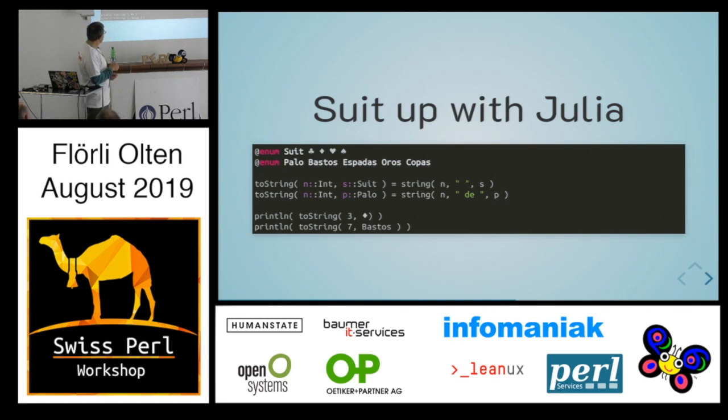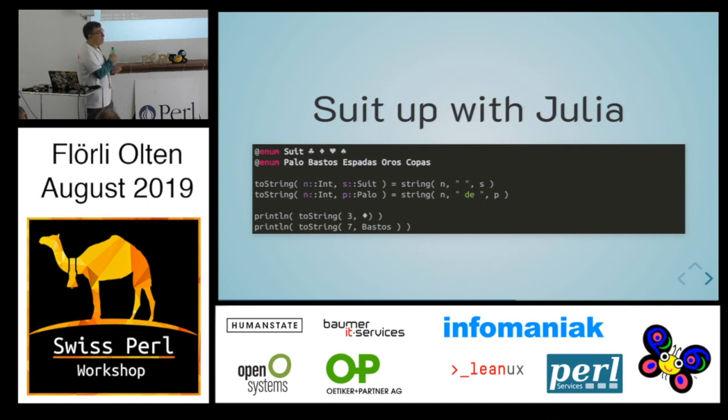And so what this basically does is define two different kinds of enums. One of them is for the suits of the French cards, the ones they use in America, and these are the Spanish ones, right? So I define suit with these 4 symbols, and I define palo, which is the equivalent in a Spanish deck: bastos, espadas, oros, and copas.